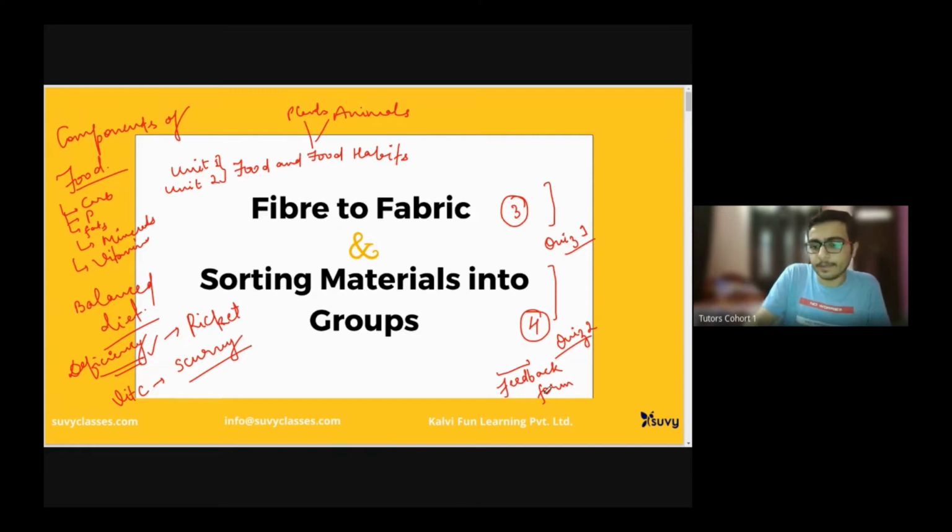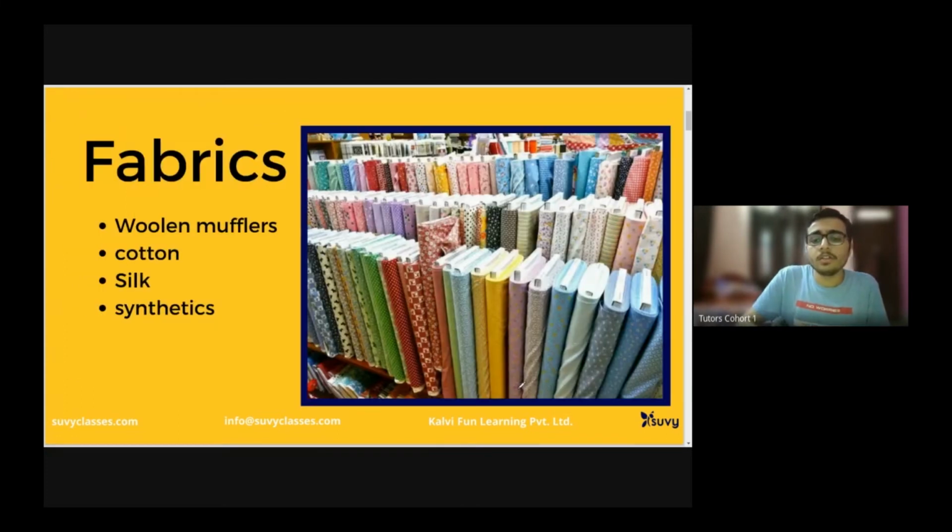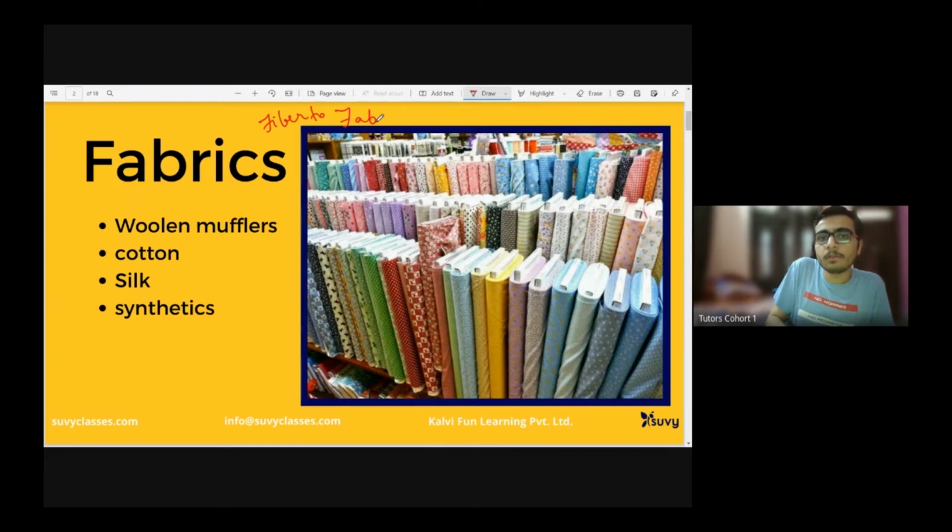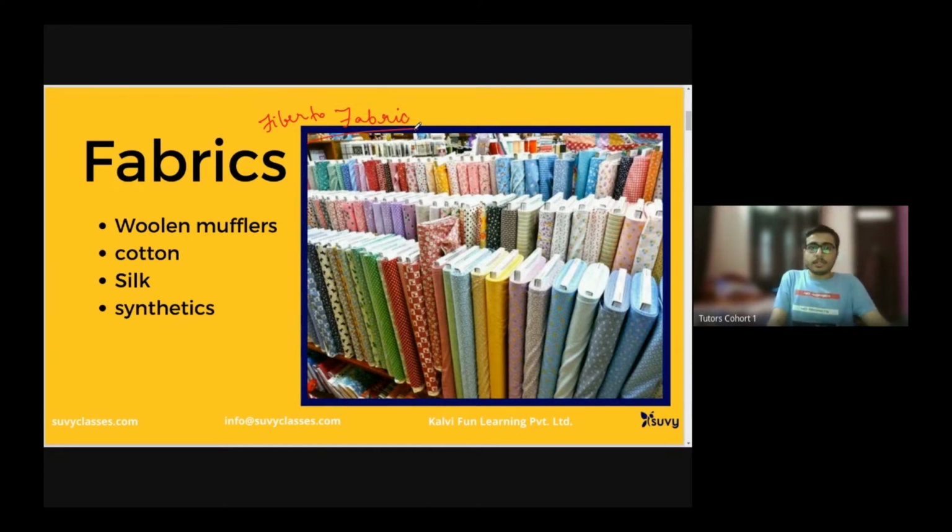Let's get started. The first unit is Fiber to Fabric. So what is fabric and what is fiber? You might have heard the very famous term, fabric. People say that today I bought a shirt. My drawing is not that good, but assume it to be a shirt.